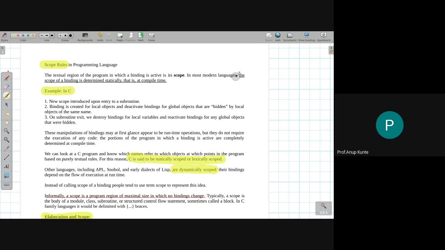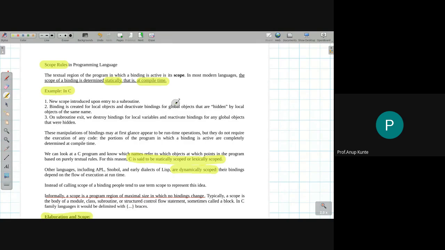In modern languages, the scope of the binding is determined statically, that is at compile time. Because at compile time your program is not executing, that is why I said the code is static, it is not changing. The word static means nothing is changing. The code execution is not being done. And the word dynamic will be used when I'm referring to runtime.